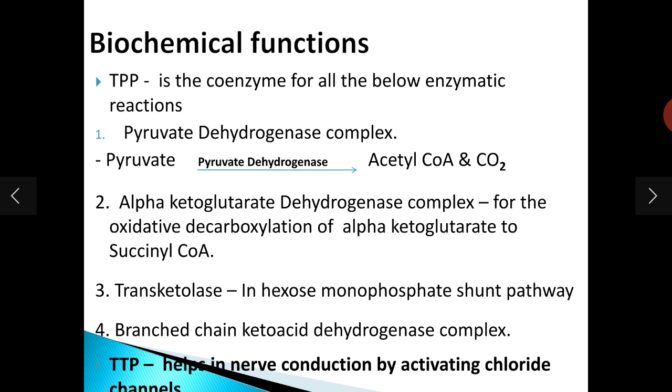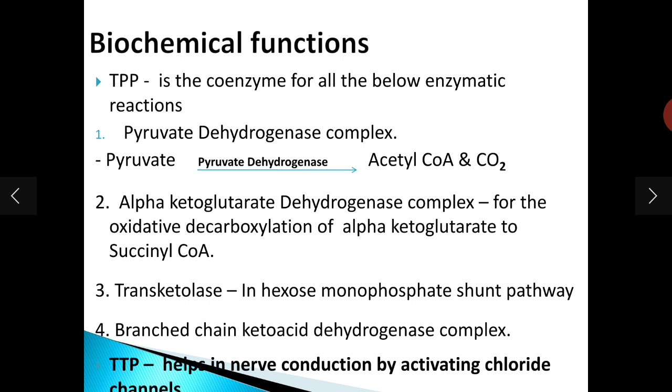Coming to the hexose monophosphate shunt pathway or HMP pathway, here transketolase is an enzyme which requires TPP for its action. And then the branched chain keto acid dehydrogenase complex, there also we need TPP.